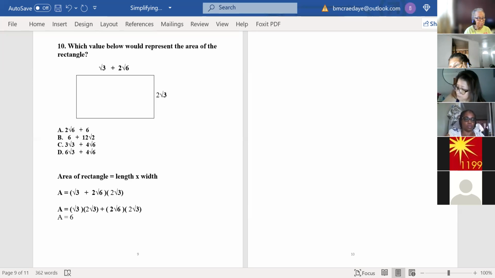Now do the next one. Remember, the square root of 6, you can break that down into square root of 3 times square root of 2, because that's not factored as far as it can be factored.